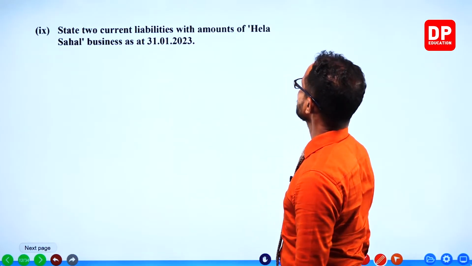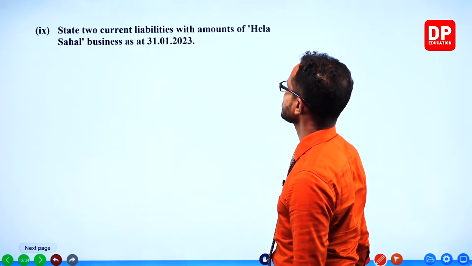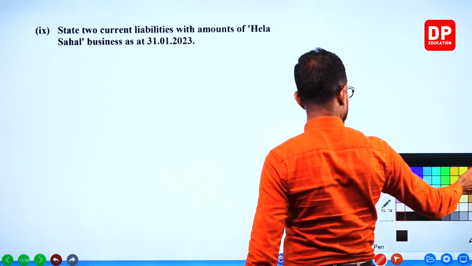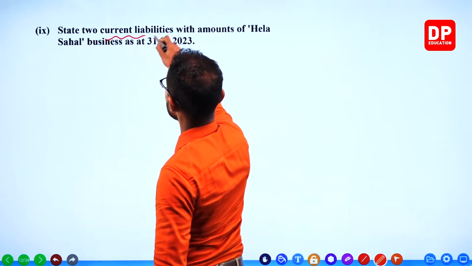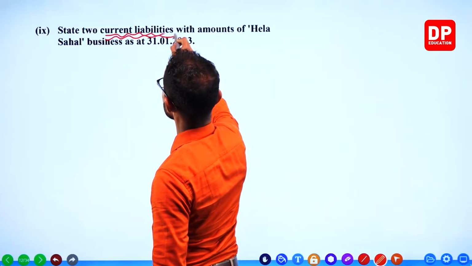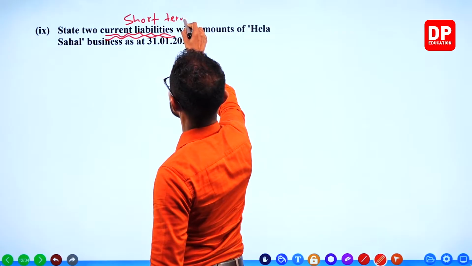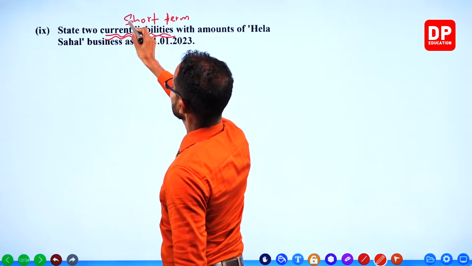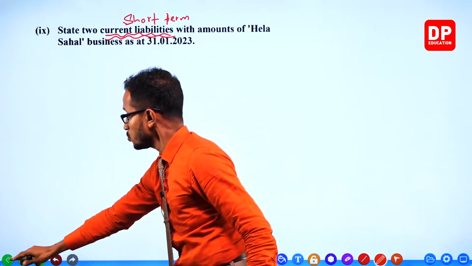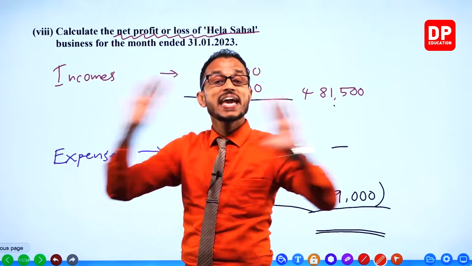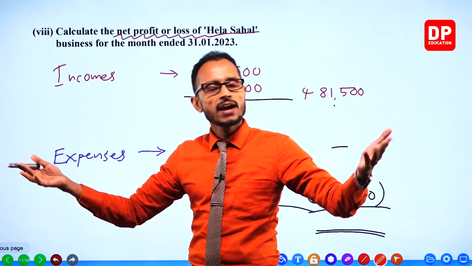State 2 current liabilities with amounts of Sahal business. Easy, right? Short term liabilities. We already took 2 payments which were not paid. Not paid means accrued.